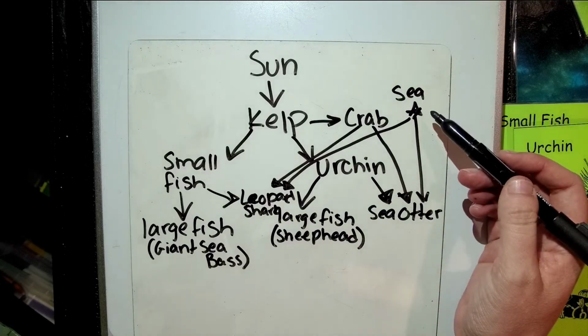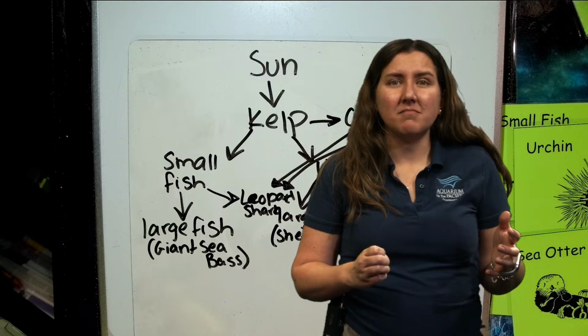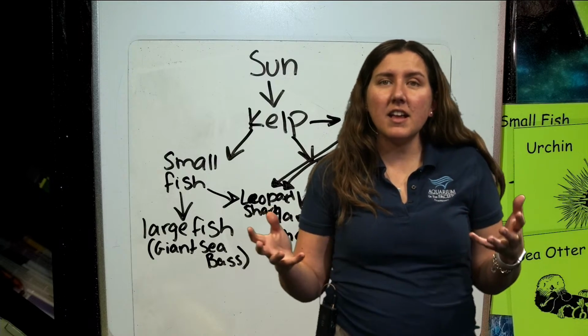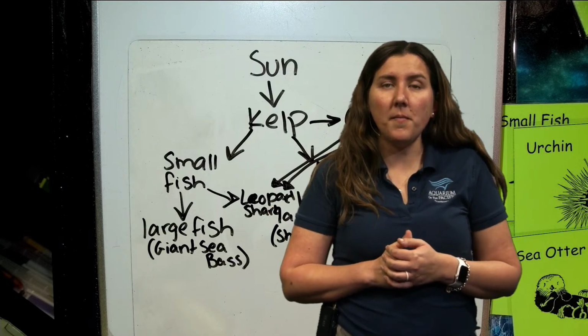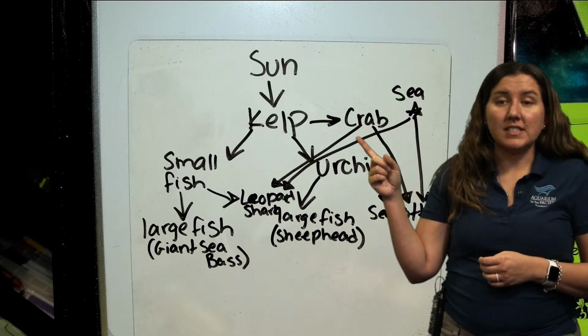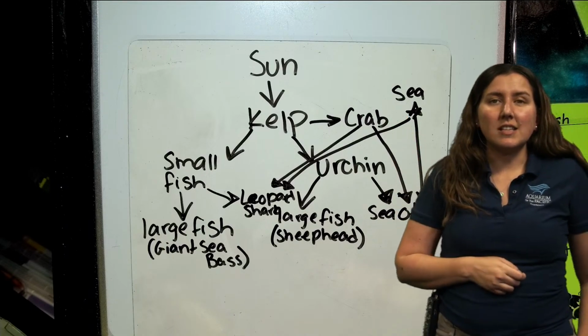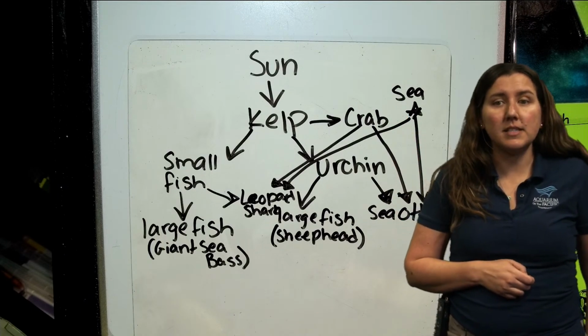Well, sea star can be eating things in shells like mussels. Crabs can also find dead things that are in the habitat and eat those as well. So it can kind of be a little bit of a scavenger, but the sea star is going to be able to eat things in shells like mussels and clams.